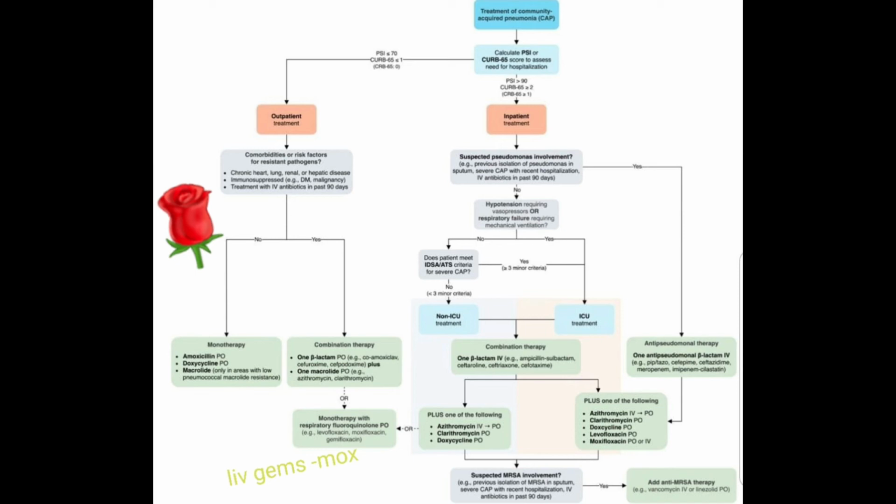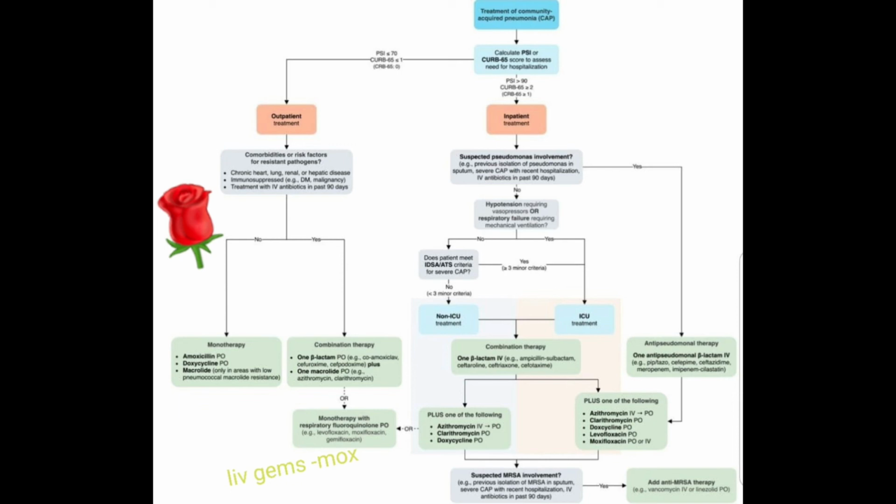Otherwise, in combination therapy for non-ICU treatment, you can add to the beta lactam azithromycin, clarithromycin, or doxycycline. One thing to keep in mind is that azithromycin you will give IV and later switch to peroral, but clarithromycin and doxycycline you can give peroral.